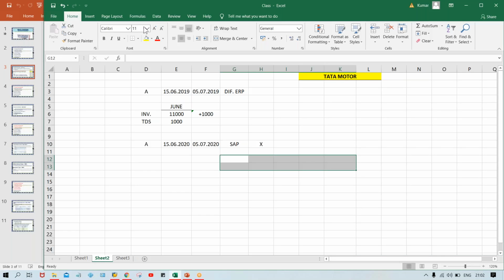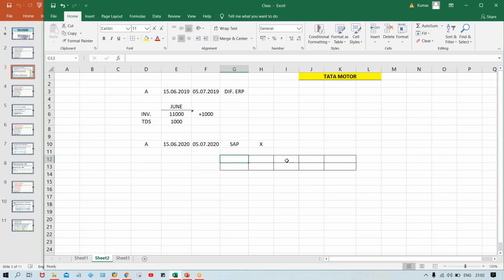So generally, try to understand, guys. Don't look at the configuration part. Configurations, within a minute we can do the configurations, right? But we need to understand the logic. What is the use, what kind of control is going to be there if we set up this posting period variant, what is the exact use of this posting period variant, what kind of impact is going to be made, right?